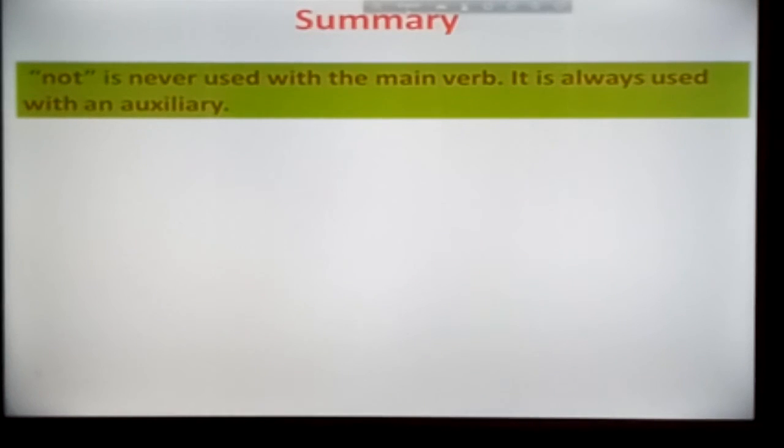This is possible in British English but not in American English. In fact, we cannot use not with any other verb than the verb to have, even in British English. So this is the first thing we have learned from this lesson today.